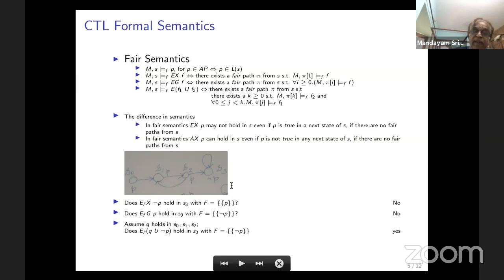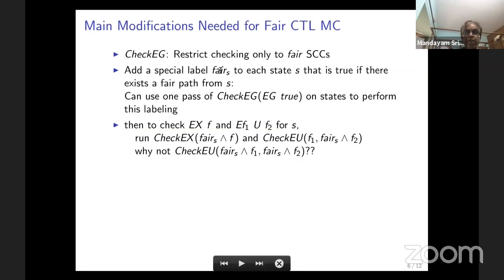But additionally, since the definition of EX and E F1 until F2 requires it, you need to keep track of whether there exists a fair path at all from every state, okay? So those two things are important in understanding the modifications that you have to make for the model checking algorithm.